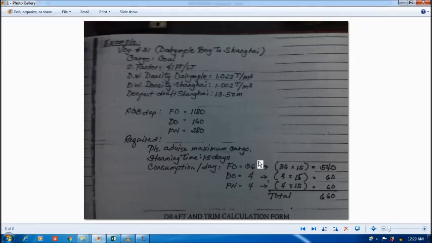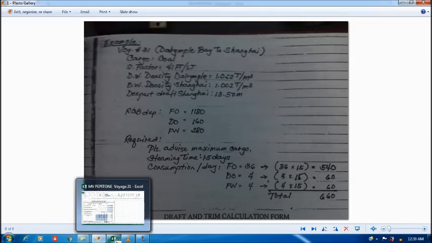Our consumption per day is 44 tons in total: fuel oil 36 tons, diesel oil 4 tons, fresh water 4 tons. That is a total of 540 tons for fuel oil, 60 tons for diesel oil, and 60 tons for fresh water over 15 days, with a total of 660 tons total consumption in 15 days of sailing.